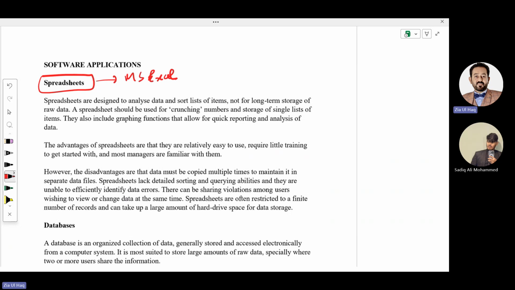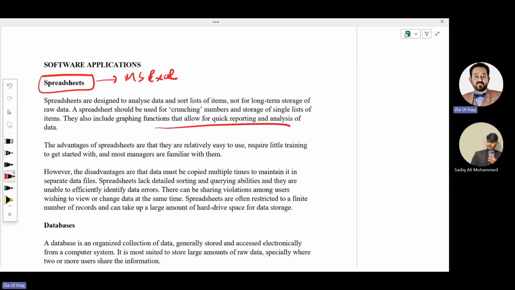Spreadsheets are designed to analyze data and sort lists of items, not for long-term storage. Obviously, for long-term storage, you require memory. A spreadsheet should be used for crunching numbers and storage of a single list of items. They include graphic functions that allow for quick reporting and analysis, meaning you can make graphs by using spreadsheets.